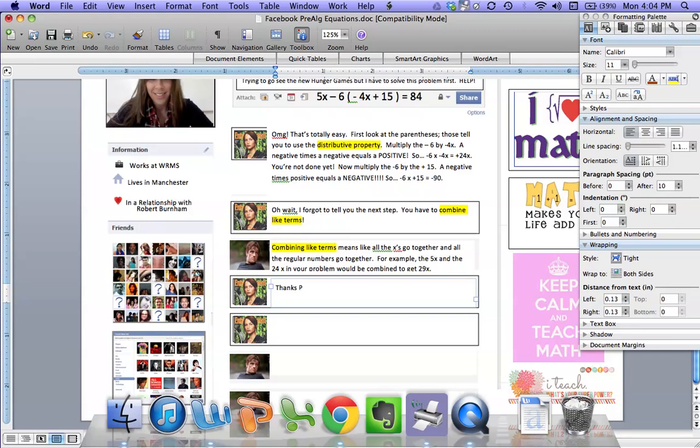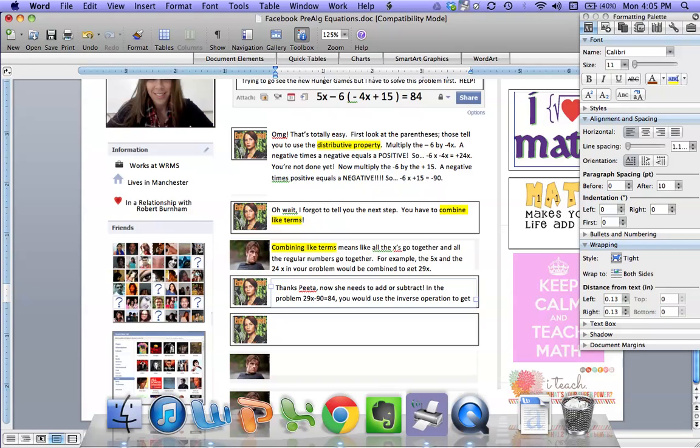Maybe she says, thanks, PETA. Now she needs to add or subtract. In the problem 29x minus 90 equals 84, you would use the inverse operation to get rid of negative 90.